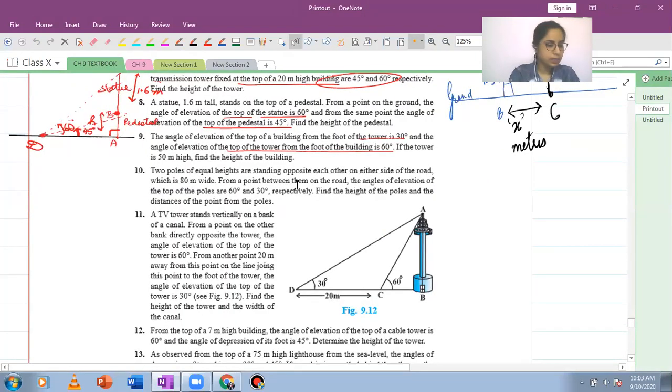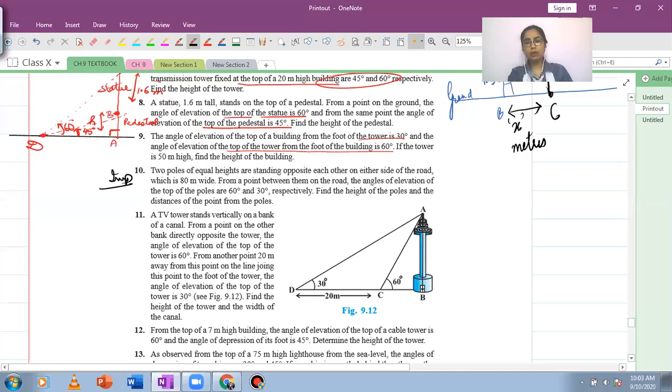Right. I think I discussed the ninth question and yeah, 10th question. It's an important question. Two poles of equal heights standing opposite to each other on either side of the road. On either side of the road means on the opposite sides of the road. And the road is 80 meters wide.